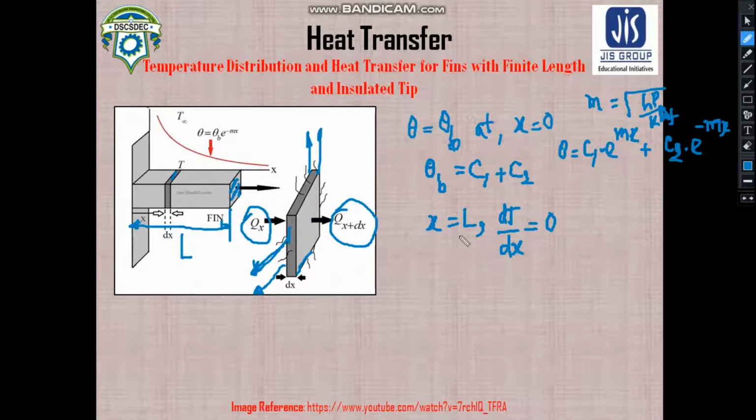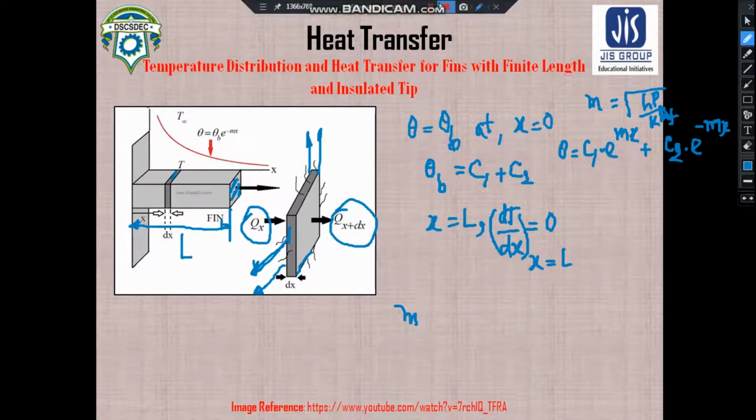Okay, so now at x equal to L, dT/dx is equal to 0. So if we differentiate this equation, it will be better if we write dT/dx at x equal to L is 0.